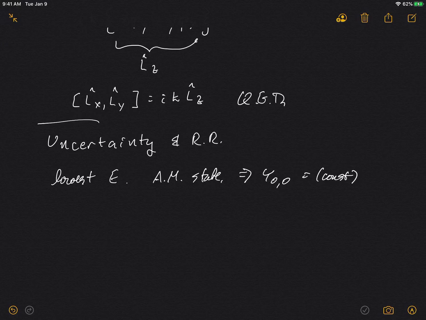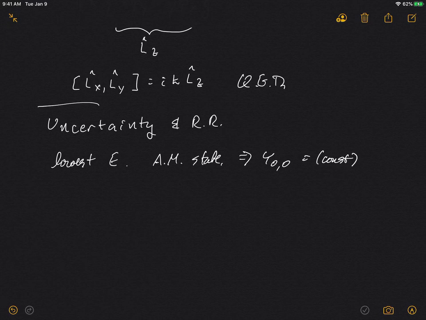And acting the Hamiltonian on y00 is 0. So the energy is 0.